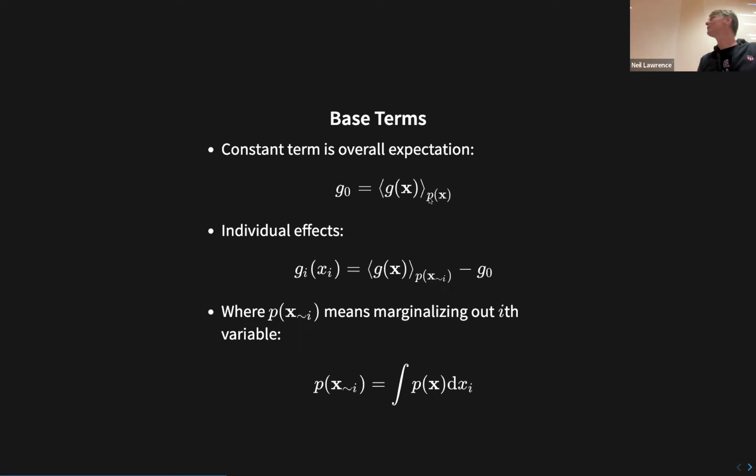So this expectation, because it's an integral over the whole X, obviously results in something that doesn't depend on X anymore. Whereas this expectation is integrate out all of the other variables apart from the variable of interest on this left-hand side and subtract that.